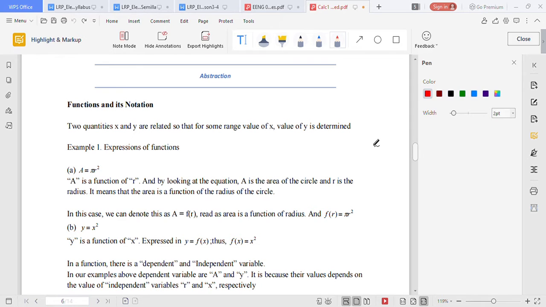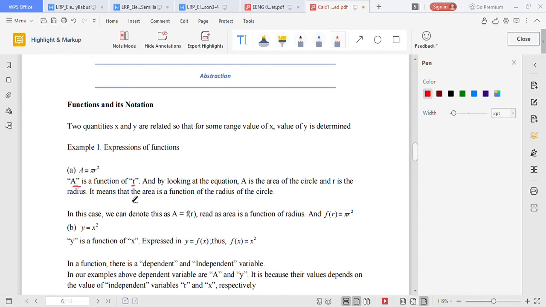If we are going to express a function, an example is the area of a circle, pi r squared. Here, A is a function of r. Looking at the equation, A is the area of the circle and r is the radius.